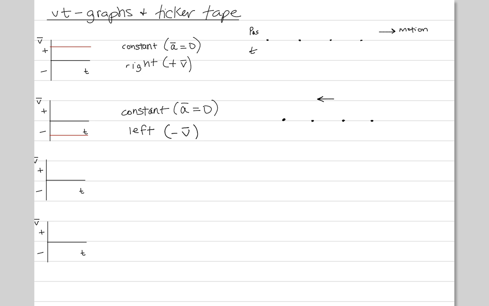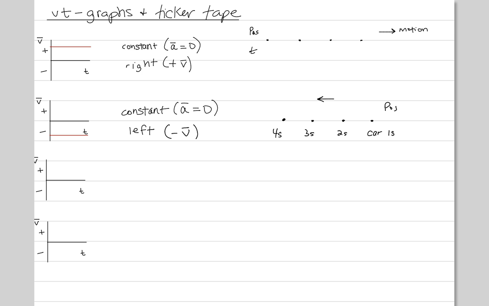This is after 1 second, this is after 2 seconds, this is after 3 seconds, and this is after 4 seconds. If it's got a constant velocity, these positions will be equally distant apart. Again, this is position versus time of a car, going to the left this time.